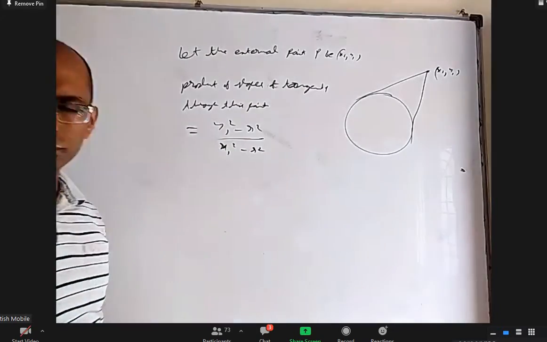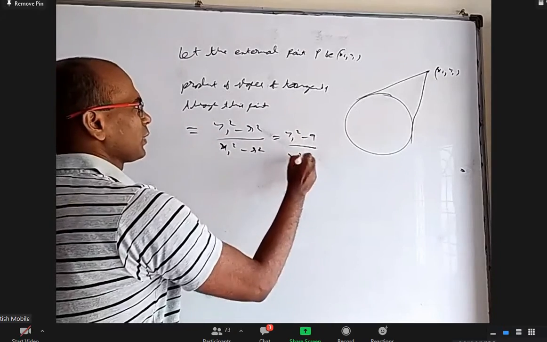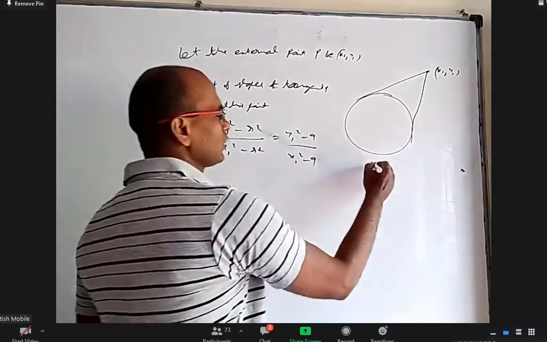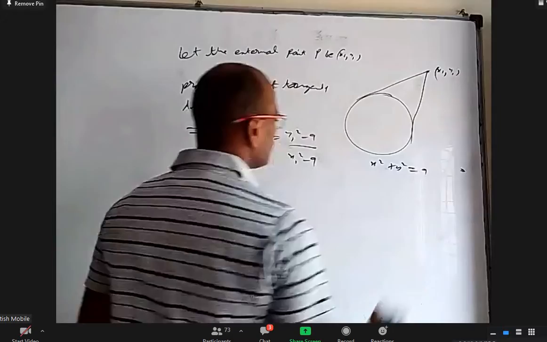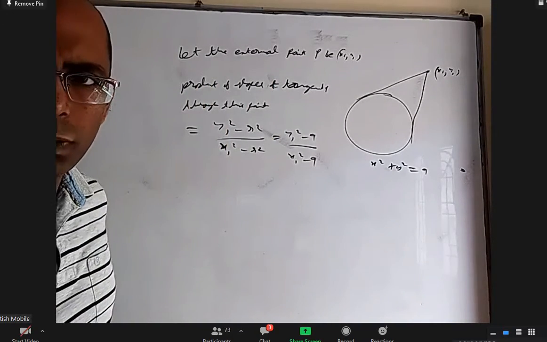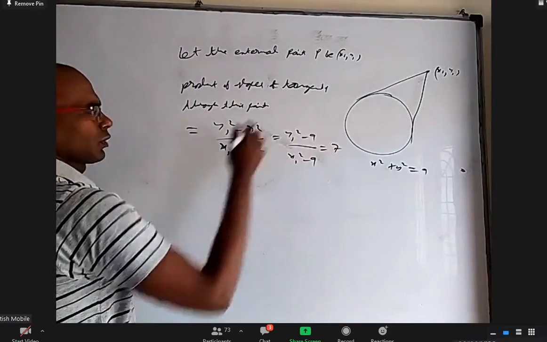So that is (y1 square minus 9) by (x1 square minus 9). I guess the circle equation is x square plus y square equal to 9 only. What should this product of the slope be? 7. Simply equate it to 7. That's all. This is the locus.